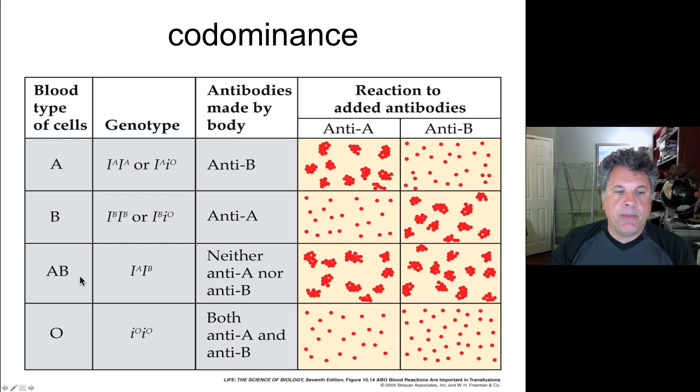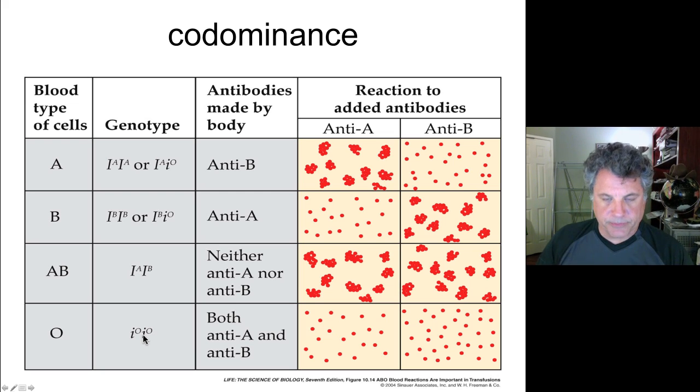And if you are AB, then you have both the A allele and the B allele. That is, you are an AB heterozygote. And if you are type O, you bear the small i O allele, and you are homozygous for that small allele. So the i allele, in a way, is recessive to the A and B alleles.